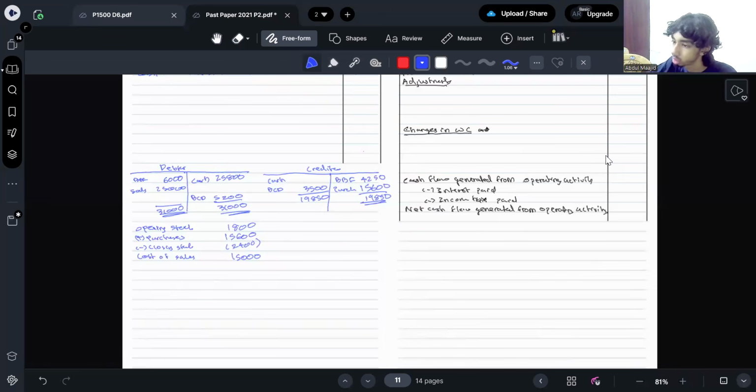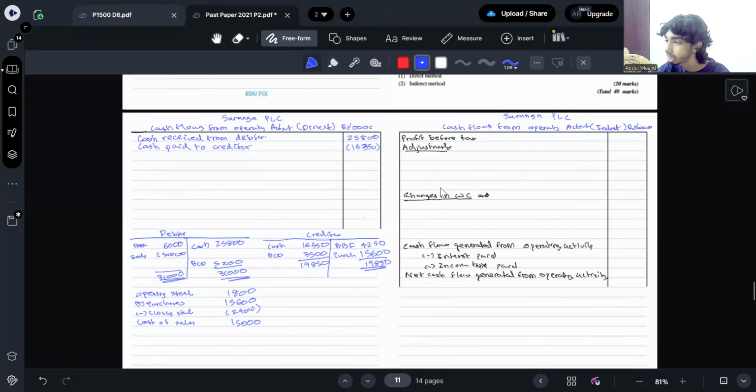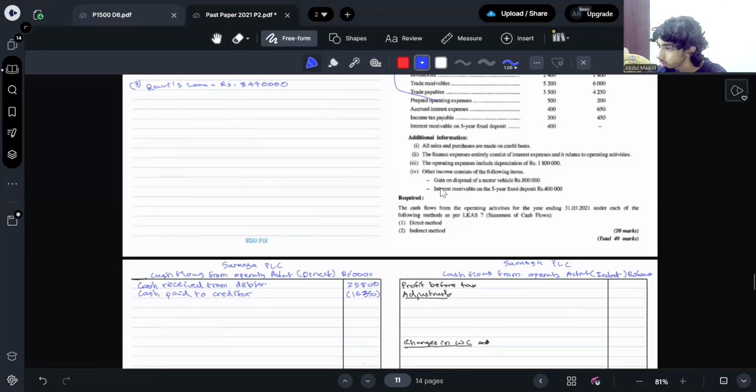So 16,350 is the cash paid to creditor. Cash paid to creditor 16,350.